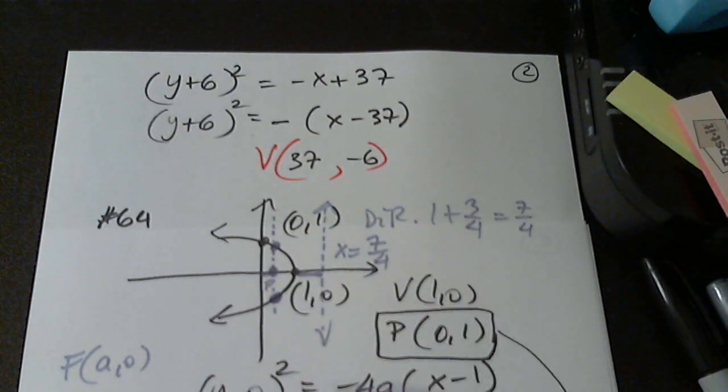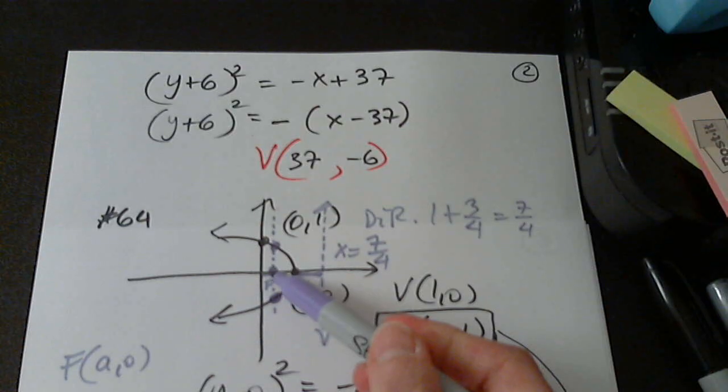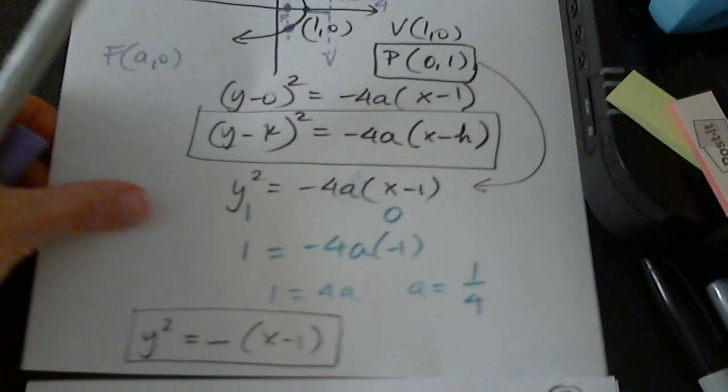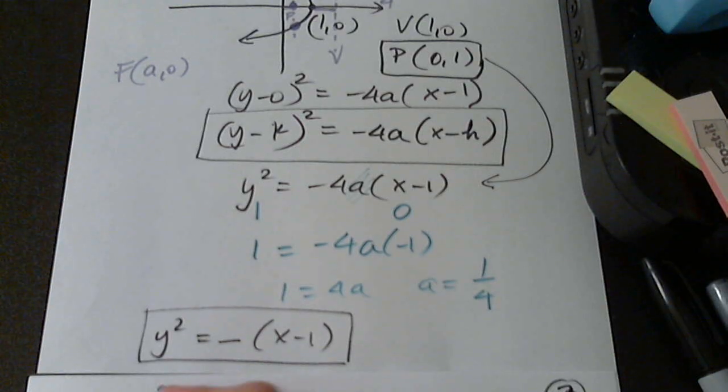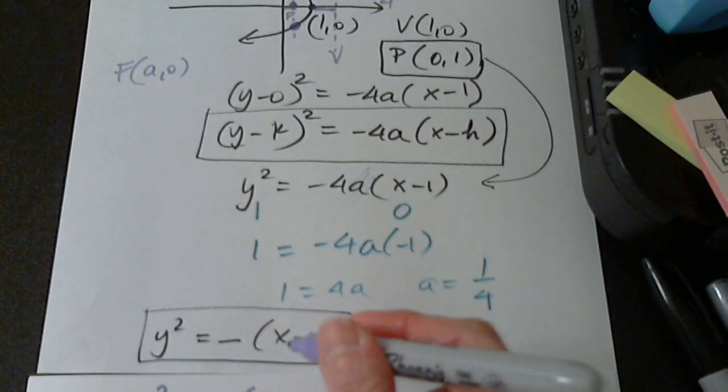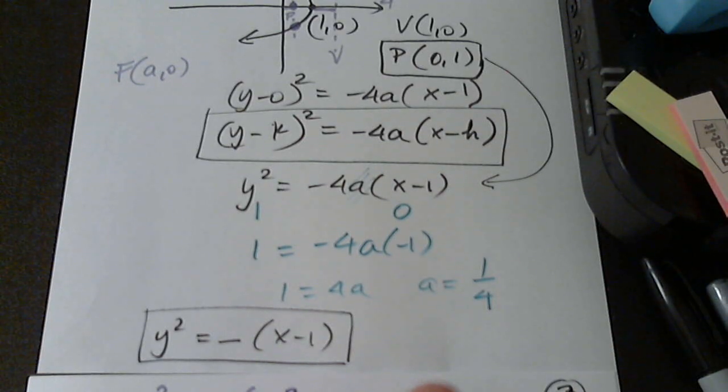So x for the focus is 0.25 or 1/4. In the equation that we have, y squared equals negative, x is 1/4. 1/4 minus 1 is negative 3/4. So then y squared equals 3/4, and then y will be plus or minus the square root of 3 over 2.